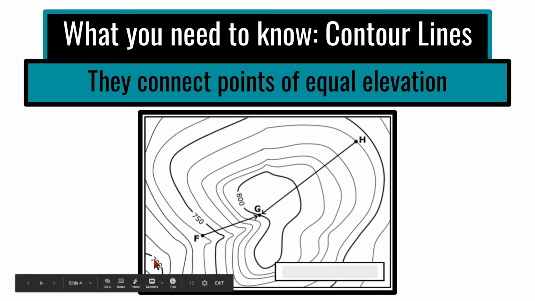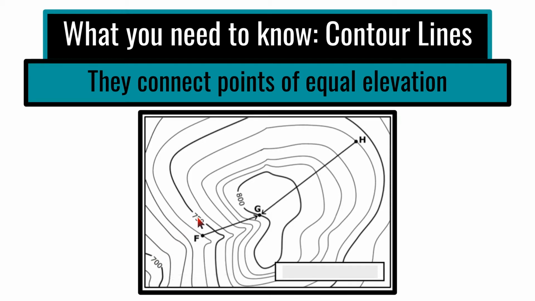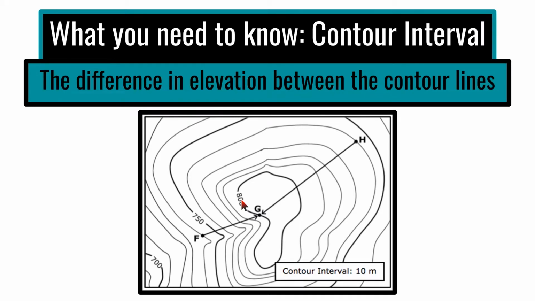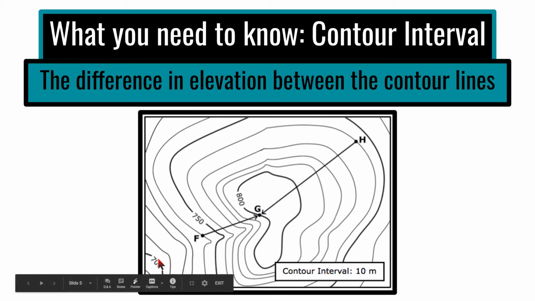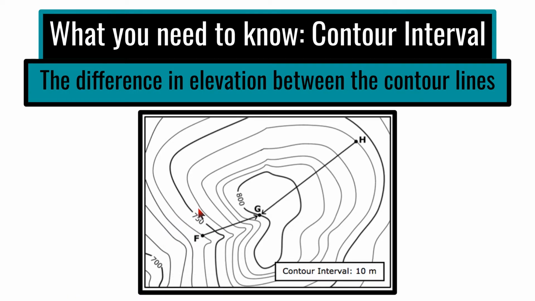This one down here is 700, 750, 800. So we know that it's counting by tens. 700, this one will be 710, 720, 30, 40, there's 750, 60, 70, 80, 90, and 800. So the contour interval will be tens.